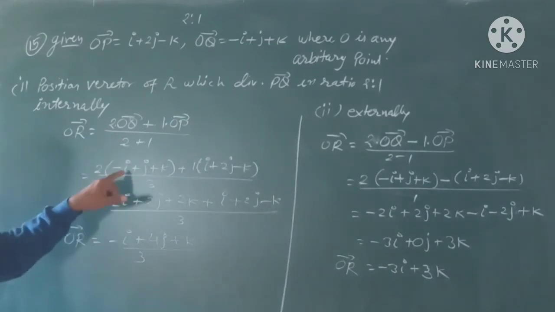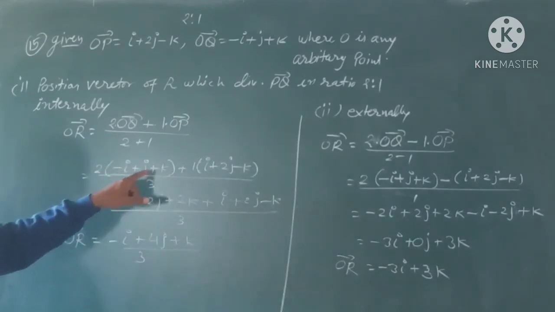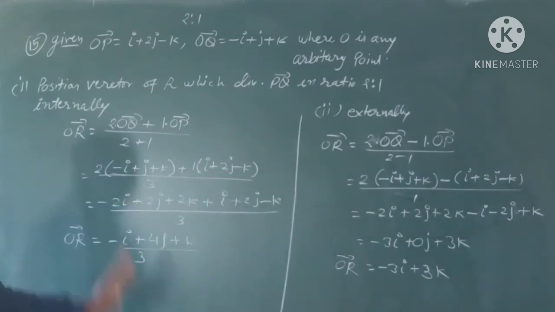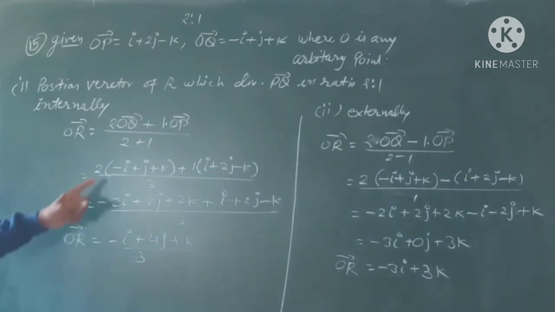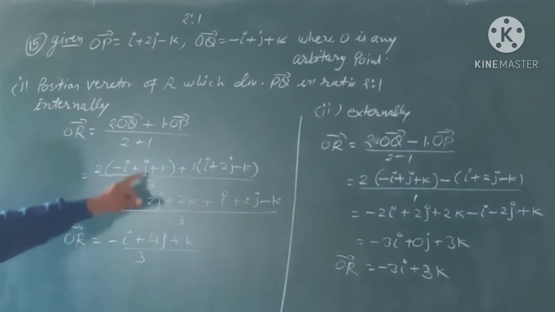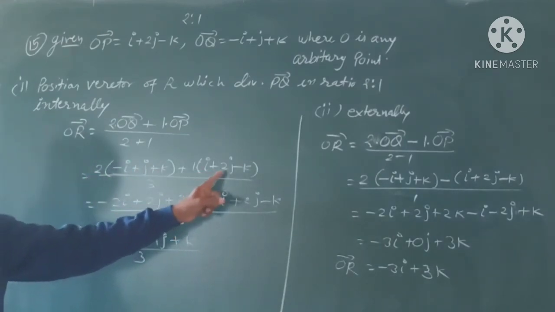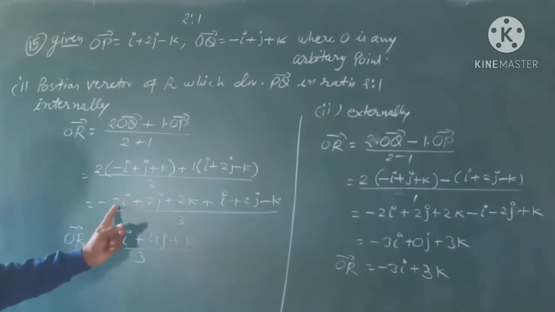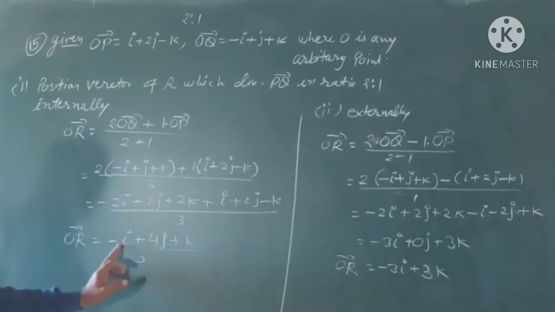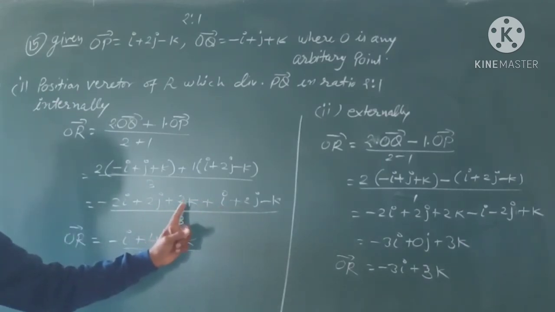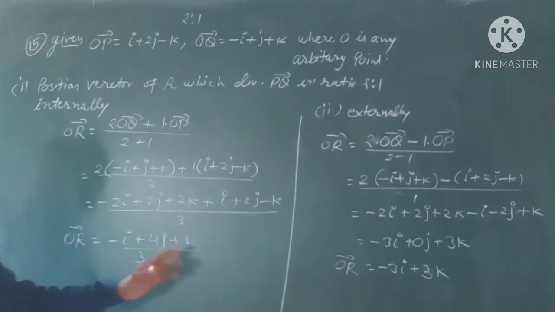In place of OQ, write minus i plus j plus k, multiplied by 2, and vector OP, that is i plus 2j minus k. So here you will get minus 2i plus 2j plus 2k, and here simply i plus 2j minus k. Minus 2i and i you will get only minus i, 2j and 2j is 4j, and 2k minus k you will get only k, divided by 3.